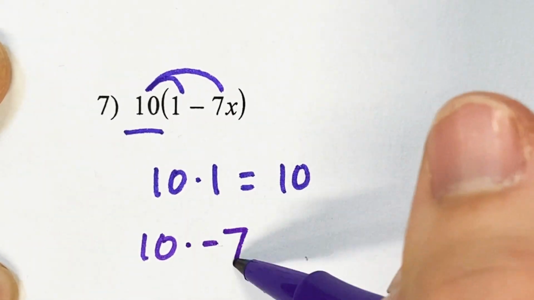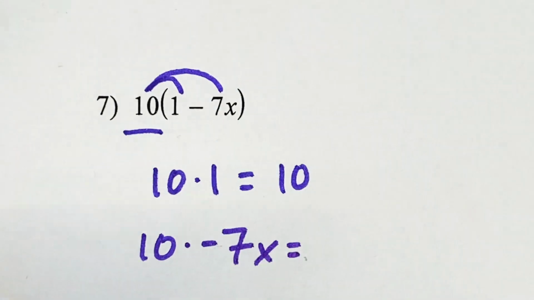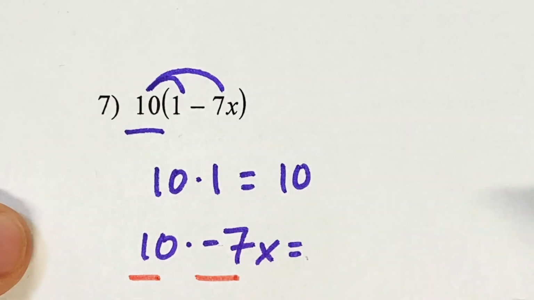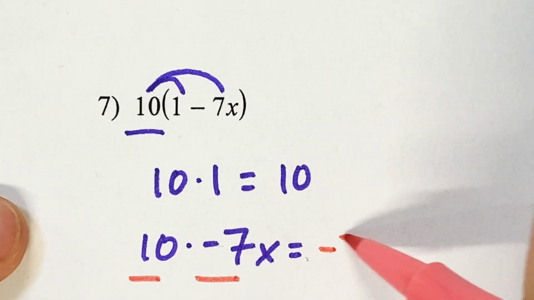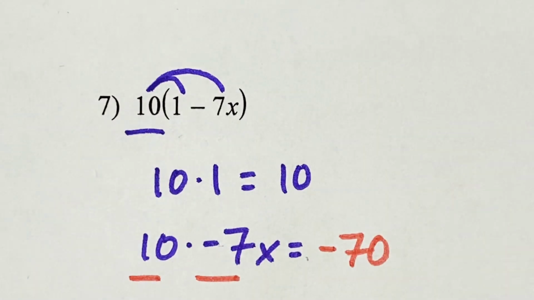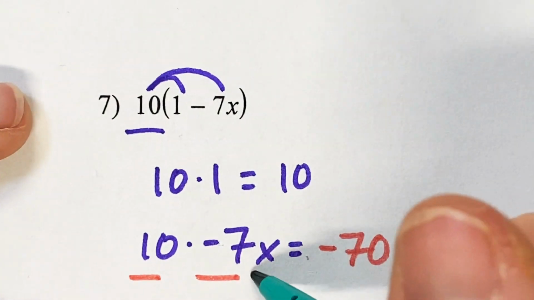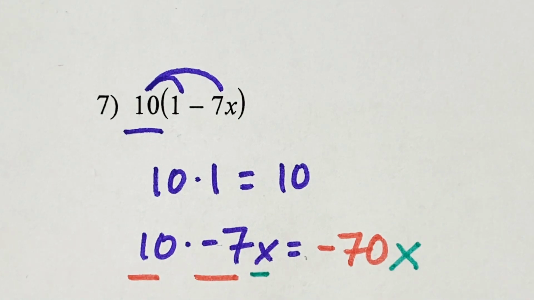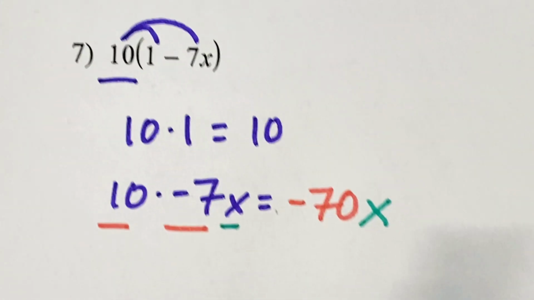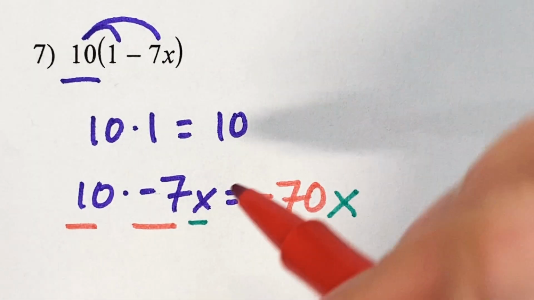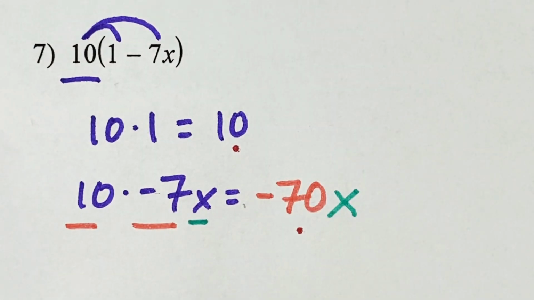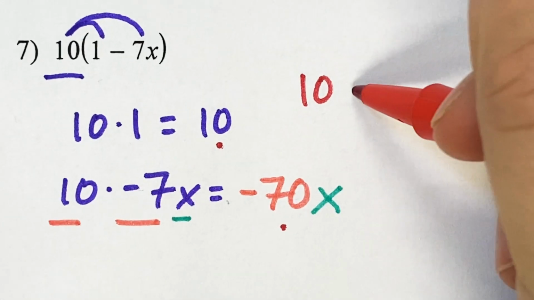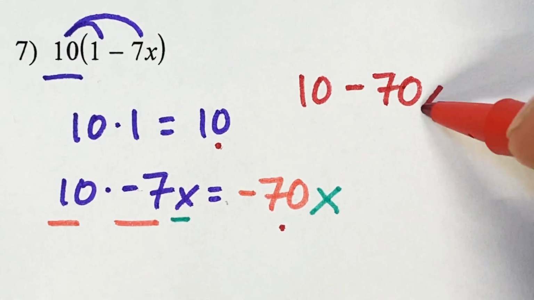Let's just look at the coefficients. 10 times -7 is going to give me -70. How many x's were being multiplied together? Just 1. So -70x. We have both pieces of our expression. Now we just rewrite them together. So 10 minus 70x.